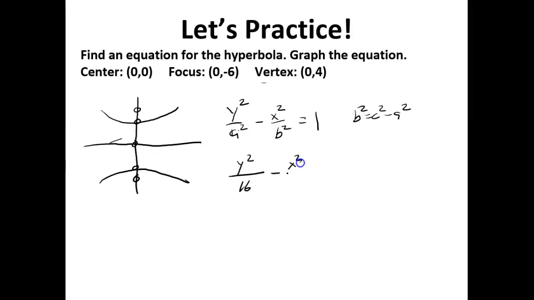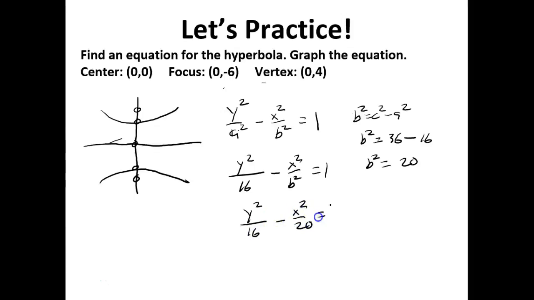Our b squared comes from c squared, which is our focus, negative 6 squared, 36, minus the a squared, which is 16. Our b squared is going to equal 20. So we're going to get y squared over 16 minus x squared over 20 is equal to 1.